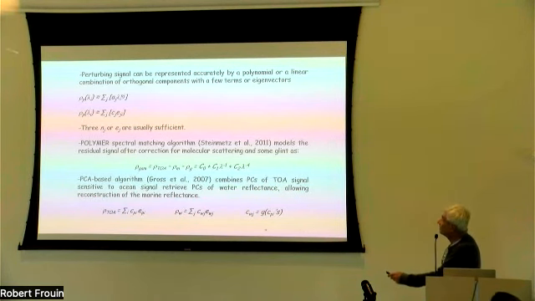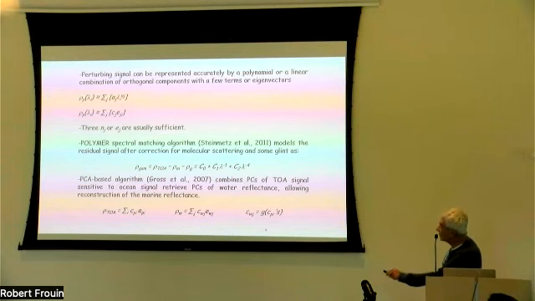Therefore, the perturbing signal can be represented by a polynomial or a linear combination of orthogonal components with a few terms of eigenvectors. So you can linearly express, let's say, rho p here is the perturbing signal, the corrective signal for molecular scattering, whatever. Actually, you don't even need to correct for molecular scattering. You can still decompose the signal also. And usually 3 or just a few terms are sufficient to represent this correctly.